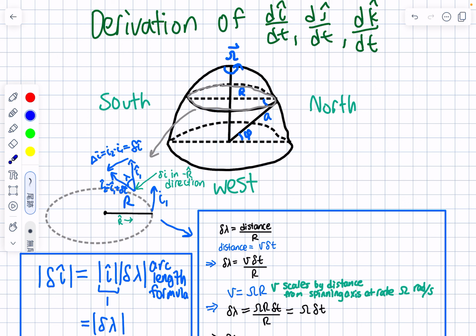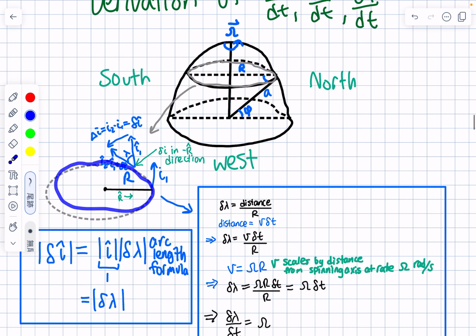So now for the i direction, we want to look at i, which is into the page. So we look at this circle, now from a top-down view at this point. And so now, instead of being into the page, i is going up on the page.